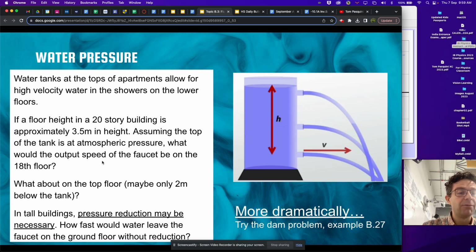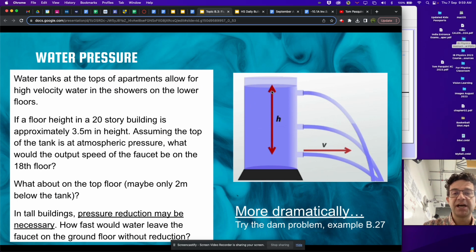So what we're going to do is we would say that the sum of the pressure plus the kinetic energy term, plus the potential energy term would have to be the same here at the top of the tank and here where it's coming out of the faucet.